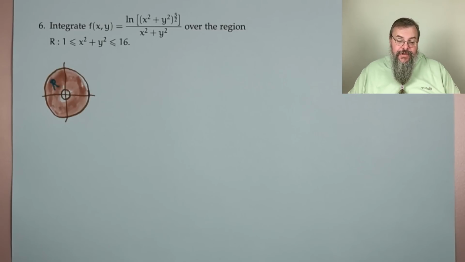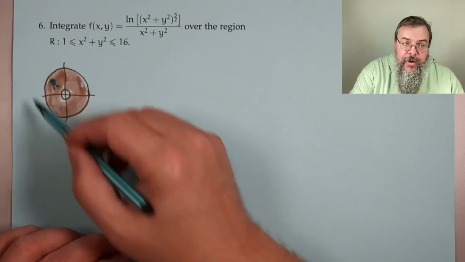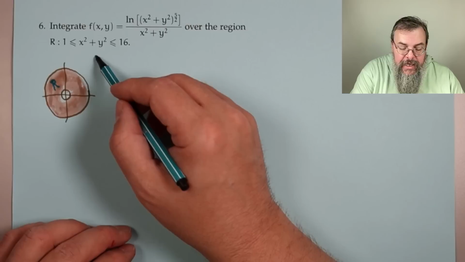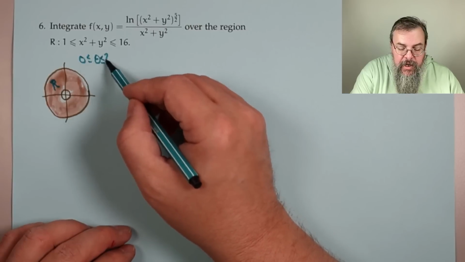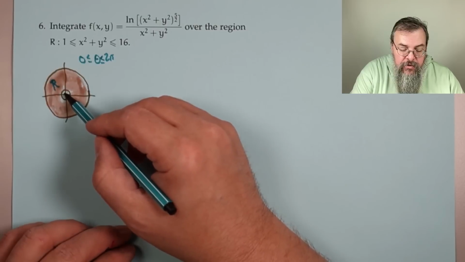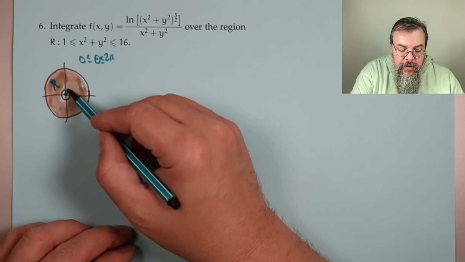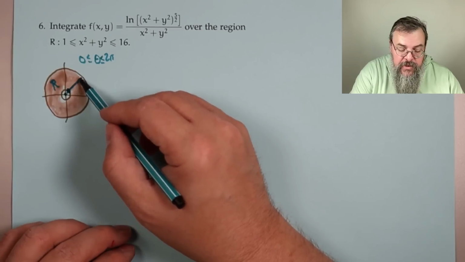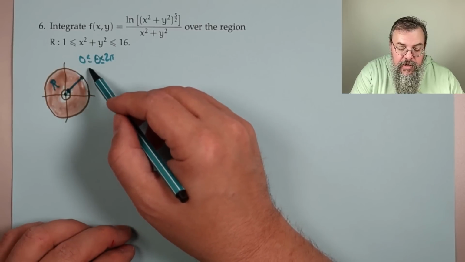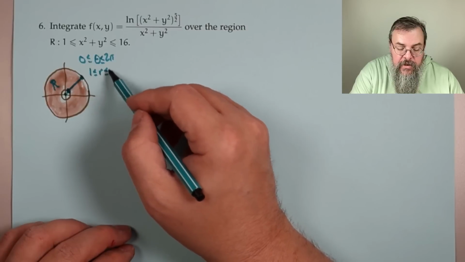What's our region in polar? Well, we have symmetry all around, so our angle goes between 0 and 2 pi. What about our r? Well, r starts at the center. We begin our region at 1, which is our inner circle, and we end our region at 4. So r is 1 to 4.